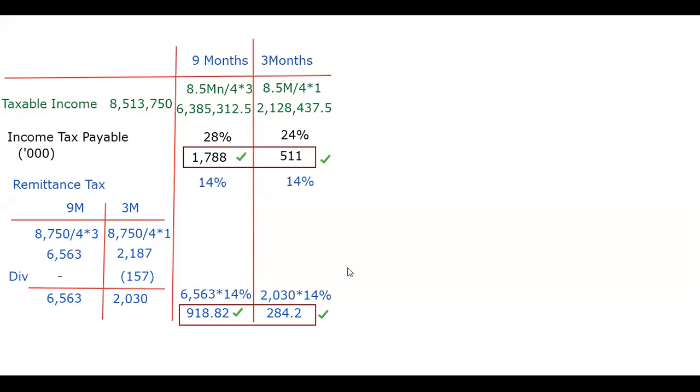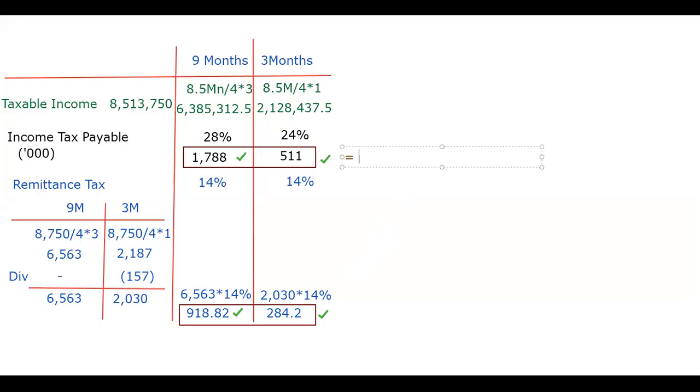Right? Altogether, can we just see with the rate difference how much they have benefited with the rate changes?